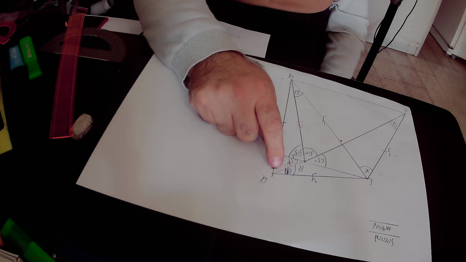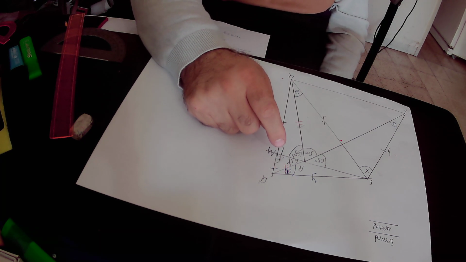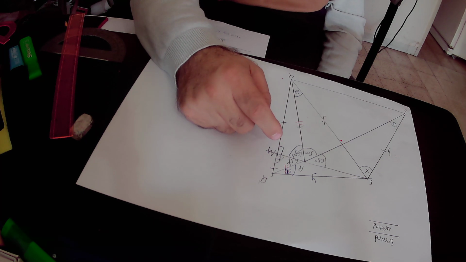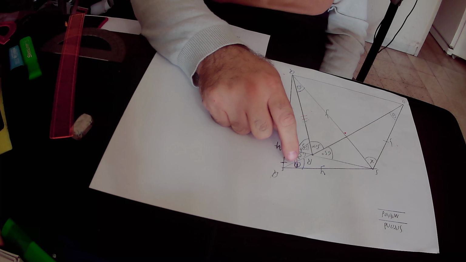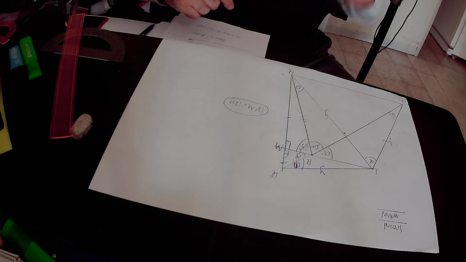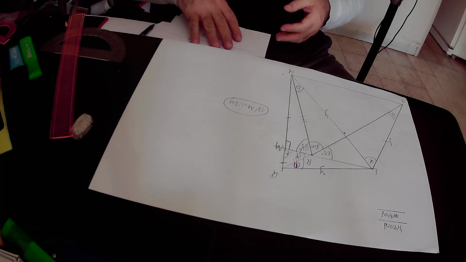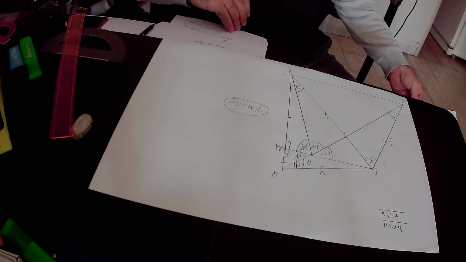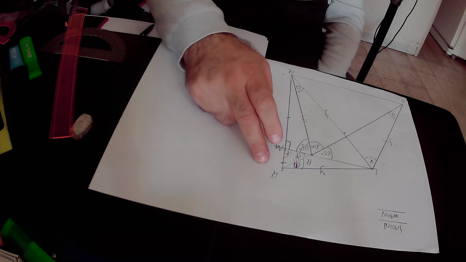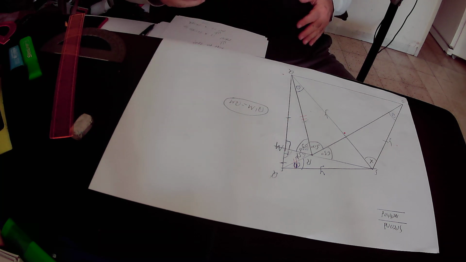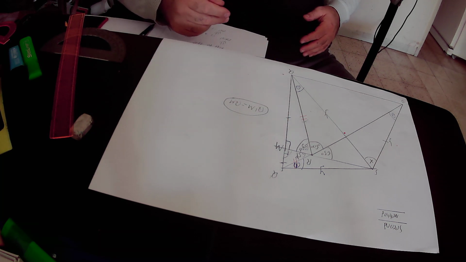And because of the fact that, if one angle equals theta, then the other angle will also equal theta. Okay? Then we actually proved that PQ dash is a straight line. How did we prove that PQ dash is a straight line?